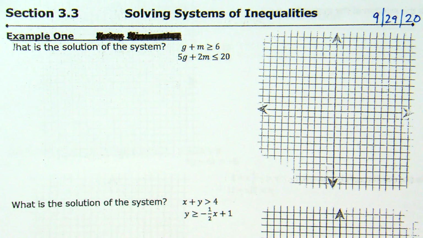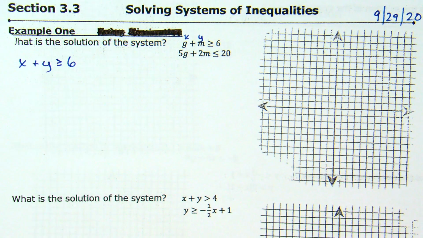Yes. I'm going to do that for the graphing purposes, but if you're more comfortable working with x's and y's, then by all means, do so. So if I look at this first one, I'm going to call it x plus y greater than or equal to 6.